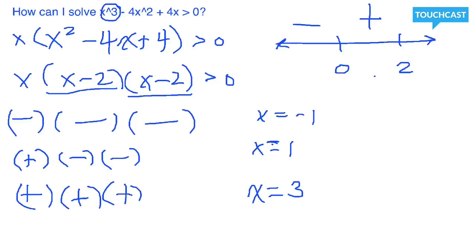And I'll have a positive factor times a positive factor times a positive factor. The result is going to be positive. That's plus sign. So one way to think about this is, as long as you're willing to check a number from each interval and you check it carefully, you won't go wrong.